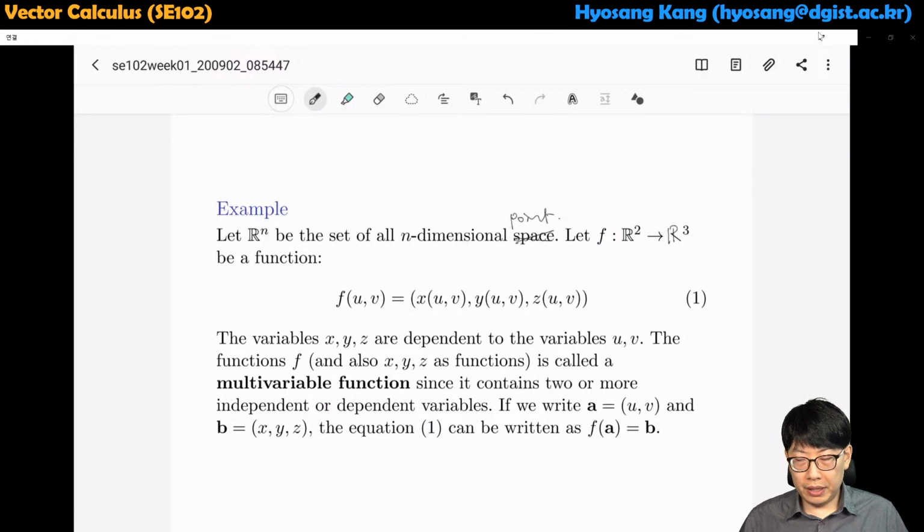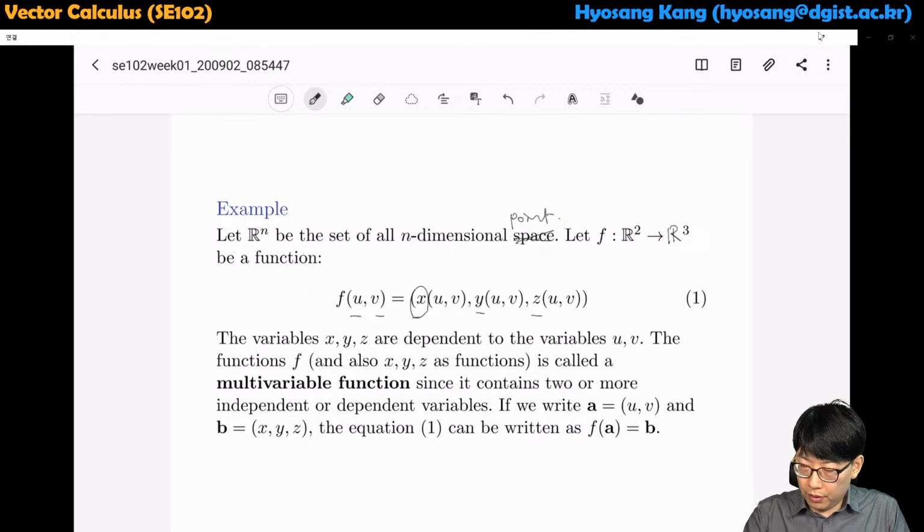I want to define a function from R2 to R3. Which means that if I pick a point in R2, which you represent by two values called u and v, I get a three-dimensional point represented by three values, x, y, and z.